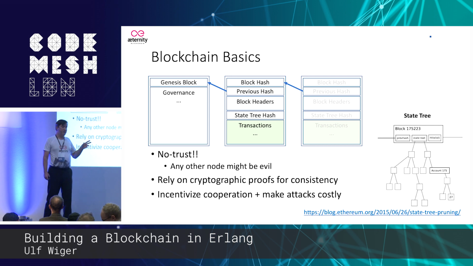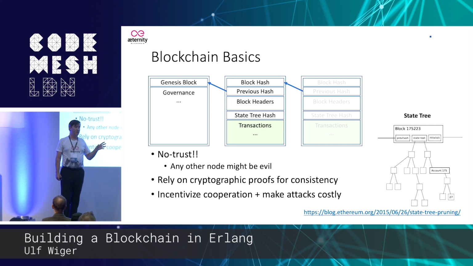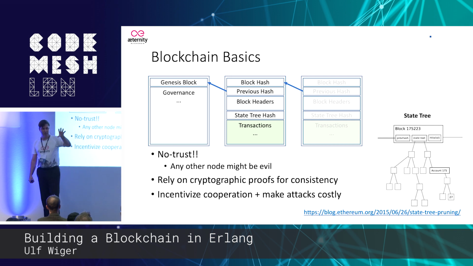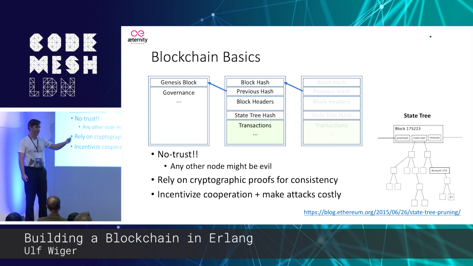And then there is Ethereum. So Ethereum is a more general blockchain which specializes in smart contracts. So essentially you store programs in Ethereum, and then you can execute those. And then you have to pay a gas cost in order to execute them.